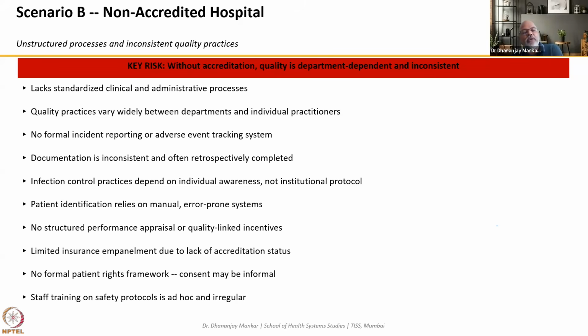Limited infrastructure empanelment due to lack of accreditation status is something a hospital can suffer from, a consequence of not trying to fulfill quality requirements, which gives more reasons for duplicacy, fraud, or even corruption coming with insurance, which most hospitals are trying to handle safely. Additionally, there is no formal patient rights framework; it may be informal, where a patient rights and responsibility charter is released, but no formal framework is established.